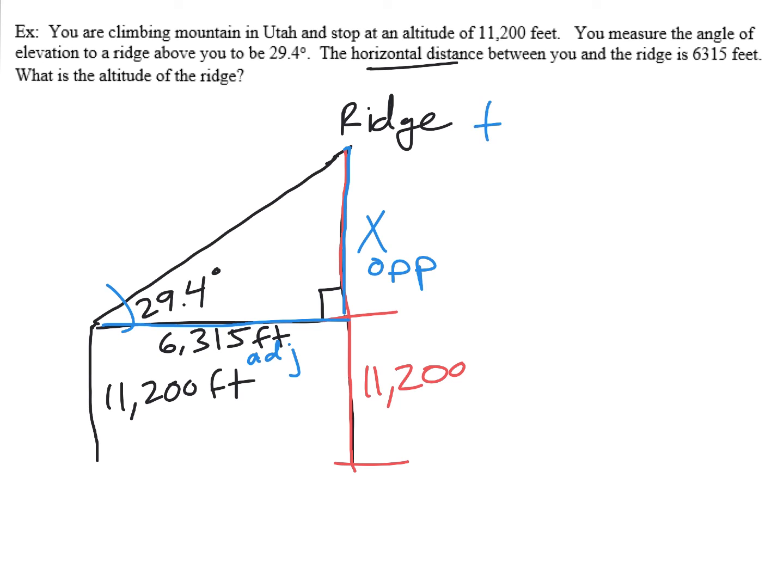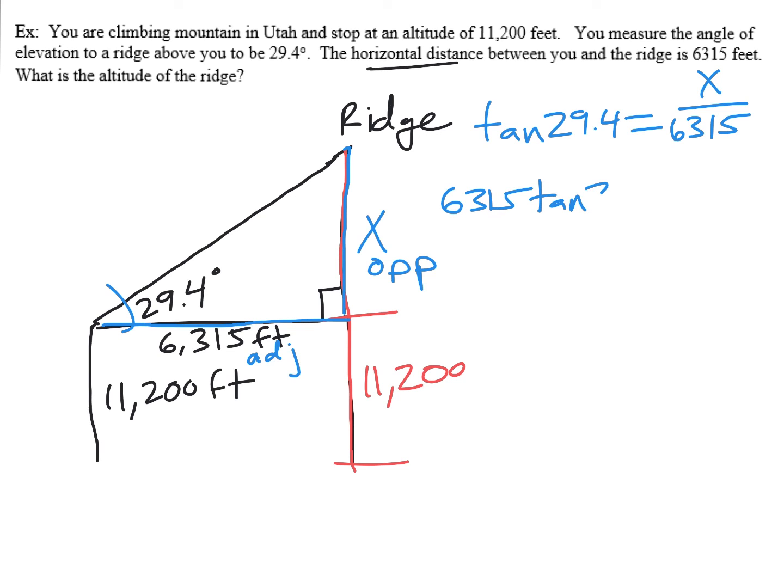Opposite and adjacent is tangent. So I go tangent of 29.4 equals x over 6,315. Multiply both sides by 6,315.